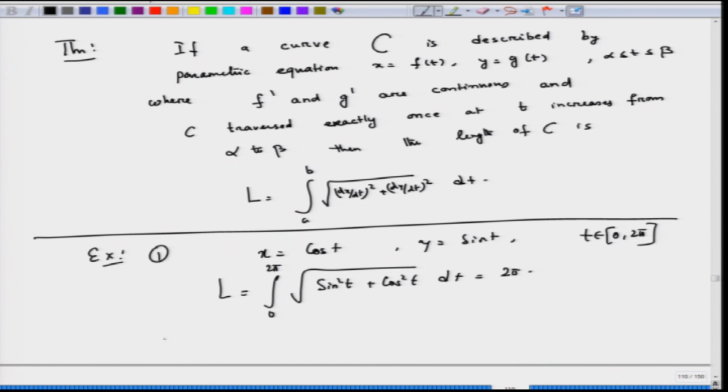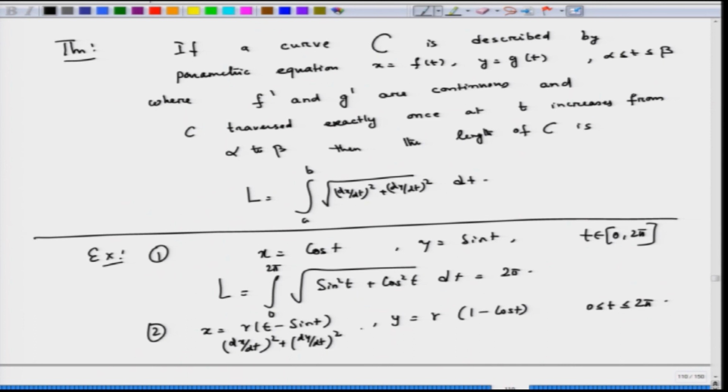Now, another quick example. Let x is equal to r times t minus sin t, and y is equal to r times 1 minus cos t, and again the interval is from 0 to 2 pi. So, you can compute dx by dt square plus dy by dt square.